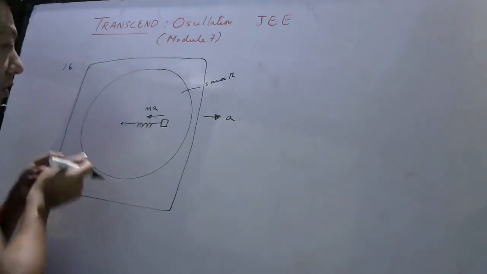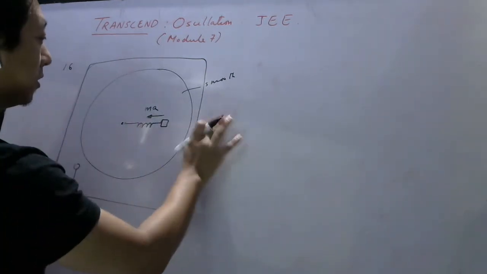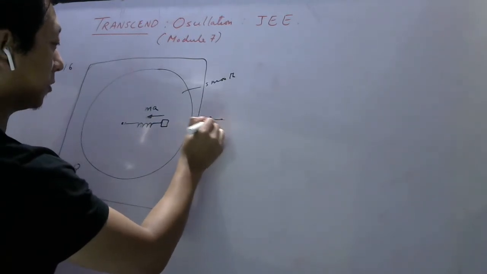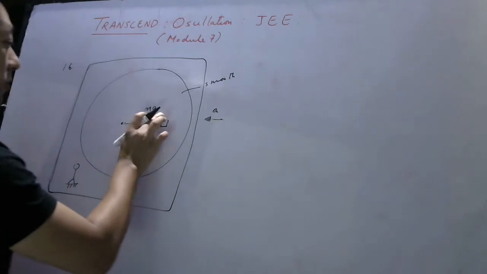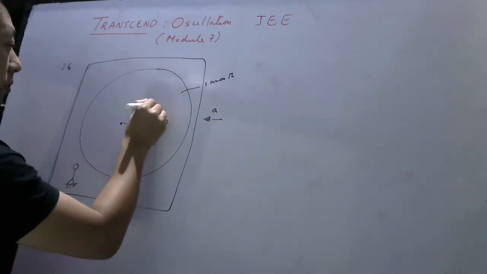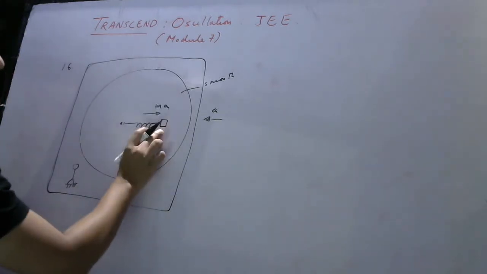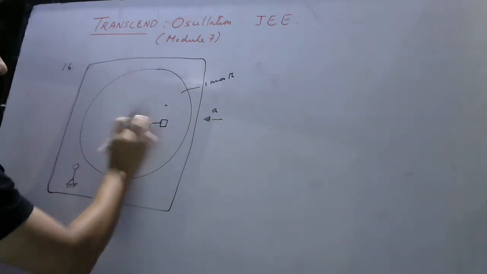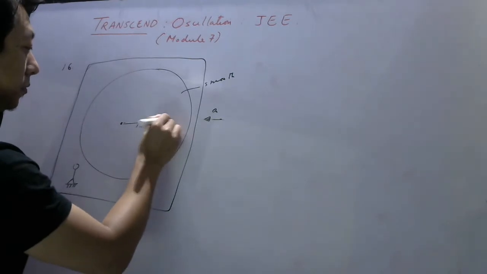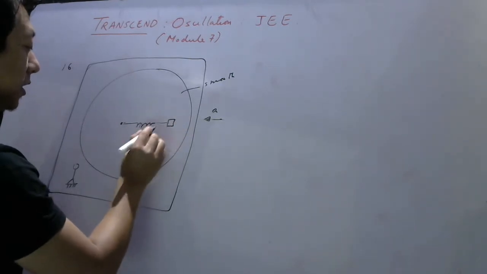In the question they said the spring is stretched, so I have to assume the acceleration in this direction, and the pseudo force will be in the opposite direction. Because of this pseudo force, the block will stretch the spring by some distance, which they are calling x naught.